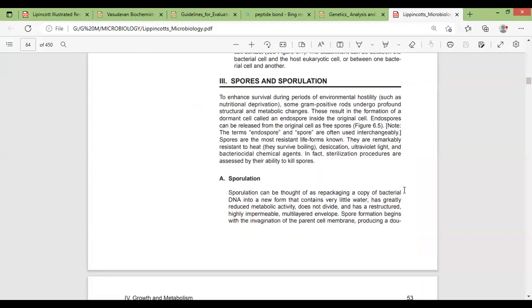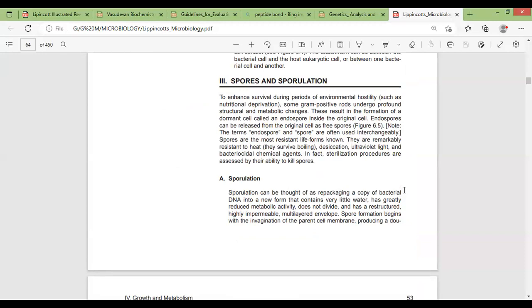So essentially, what spores are, it's a survival mechanism. Think of spores as the shell of a tortoise. Once the head of the tortoise goes inside the shell, it's protected.